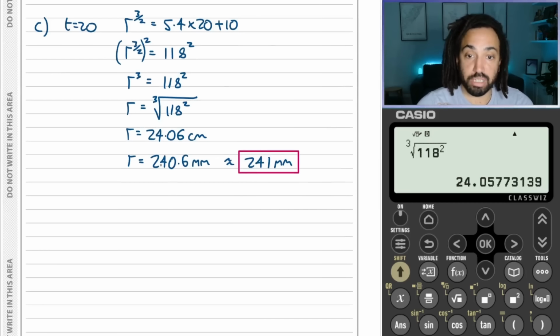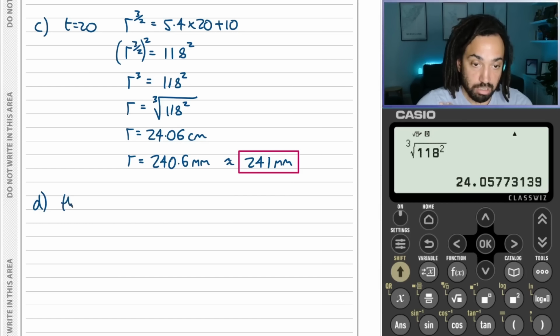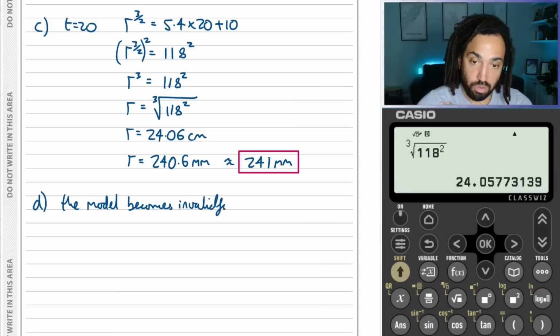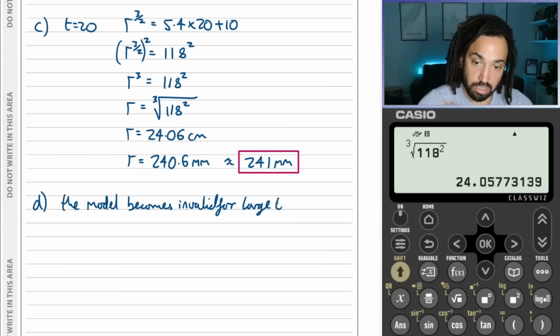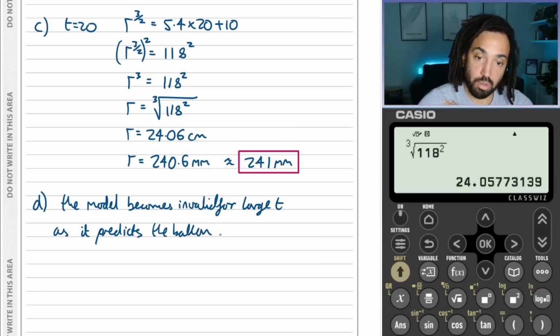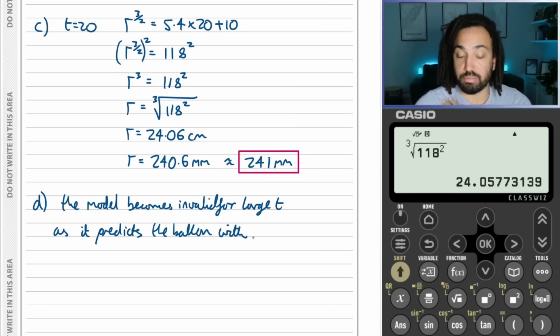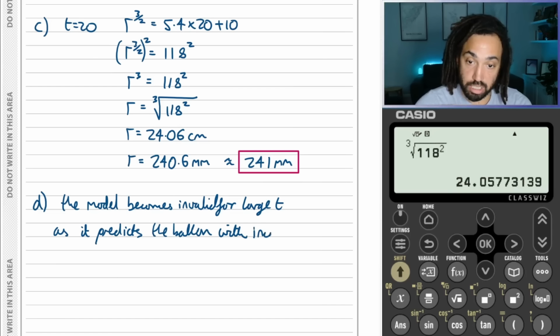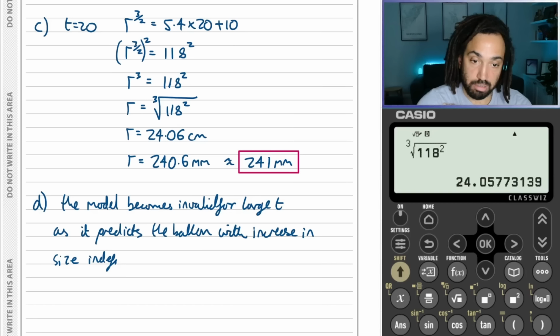So we can say that the model becomes invalid for large t as it predicts the balloon will increase in size indefinitely. Perfect.